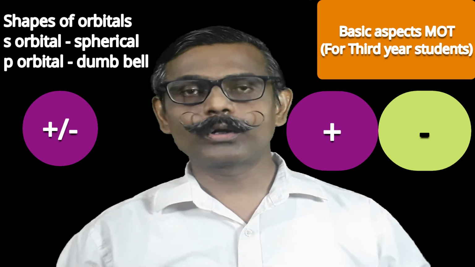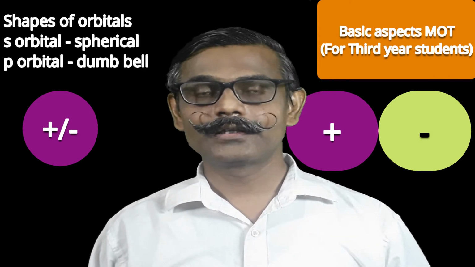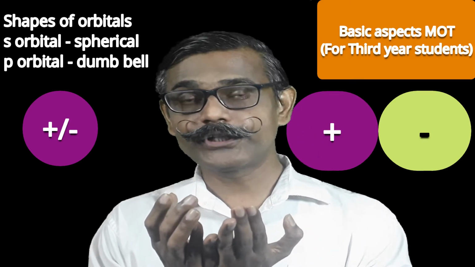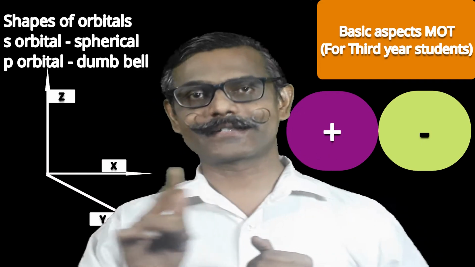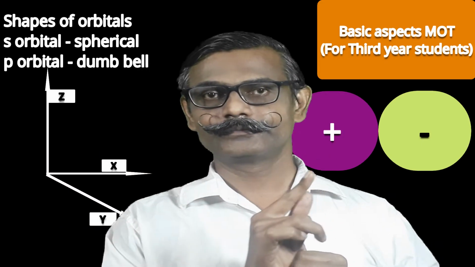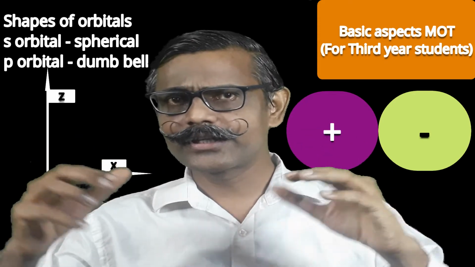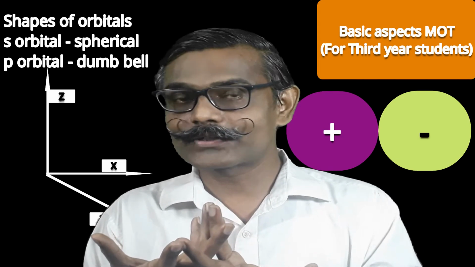If I talk about the atomic orbitals, say the s orbital is spherically symmetric. If I consider this x-axis as a bonding axis, and if I rotate the molecule around that x-axis, there will not be any change in the phase of that s orbital.